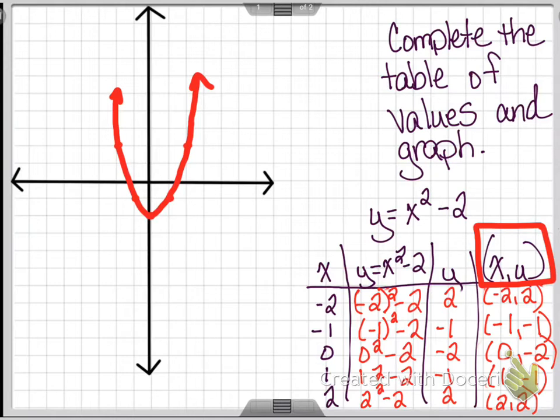What we are going to do next is we're going to talk about the x and the y intercepts. It's always easier to think about the x and the y intercepts from the graph. Okay? So we are going to look at this parabola, and we are going to identify the x and the y intercepts. First, we need to know what the x and the y intercepts are.